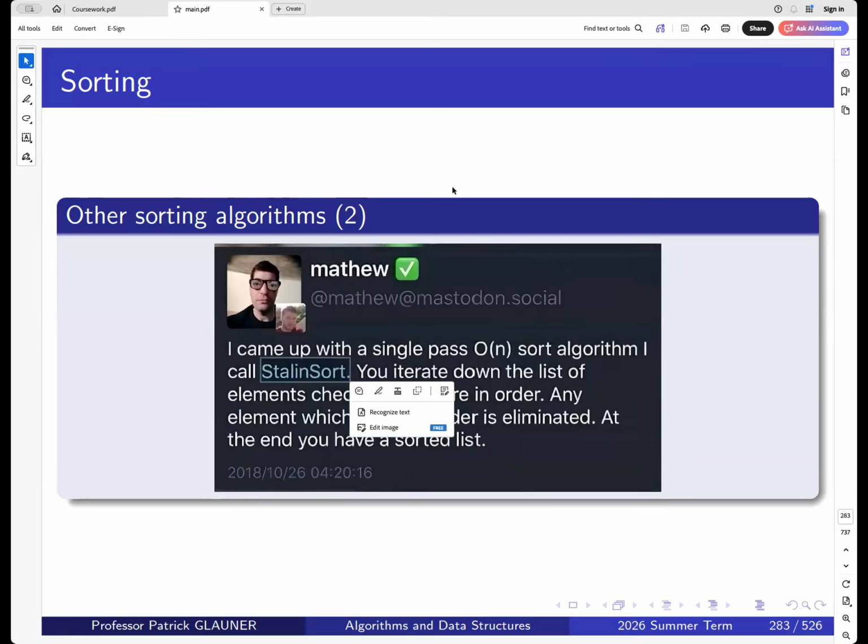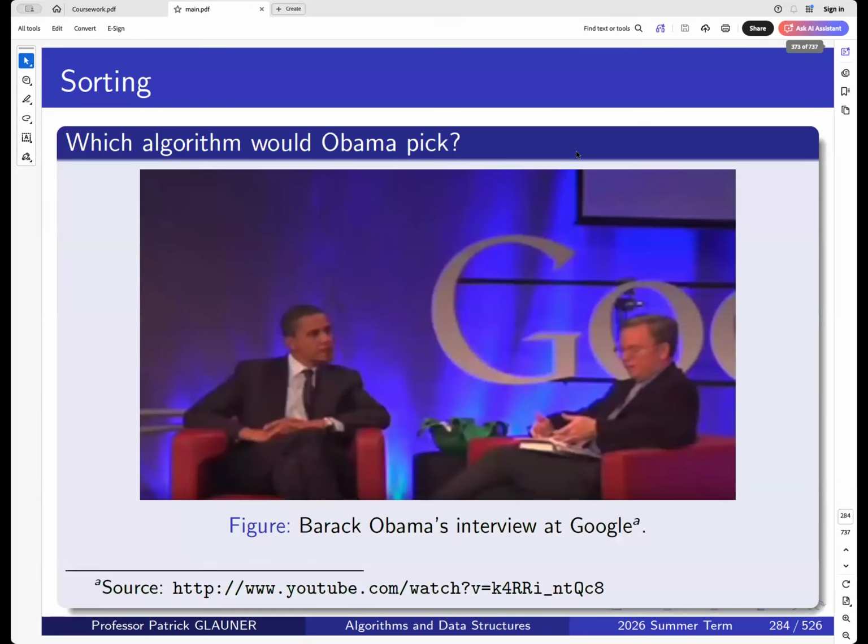So Stalin sort, you can try to implement this too. Never thought about putting this in the exam, but well, we could actually at some point. It's not a promise it would appear in the exam, but would be sort of funny. But you can implement this very easily. So you know how to implement such stuff.